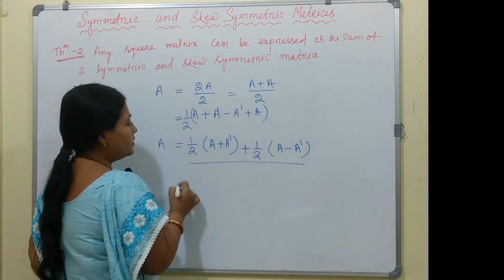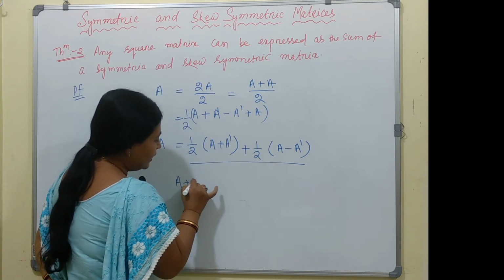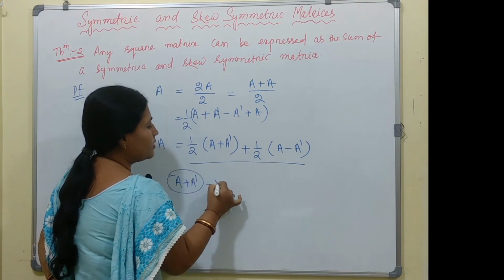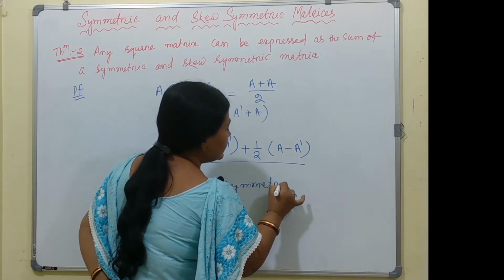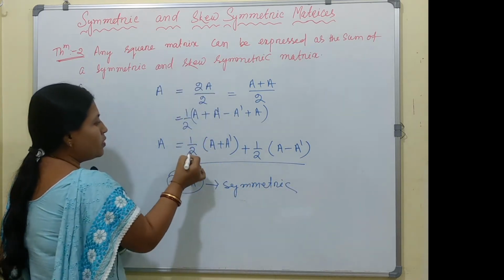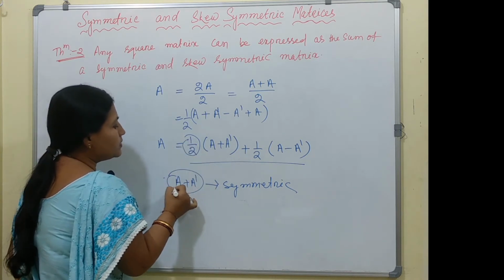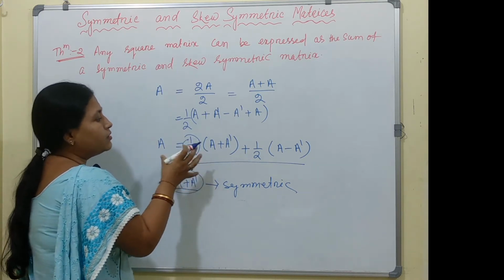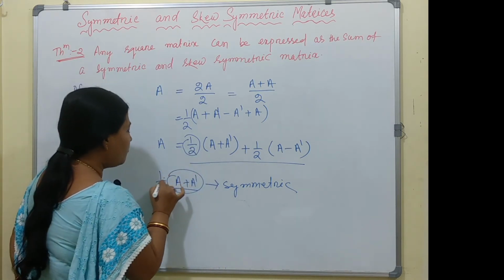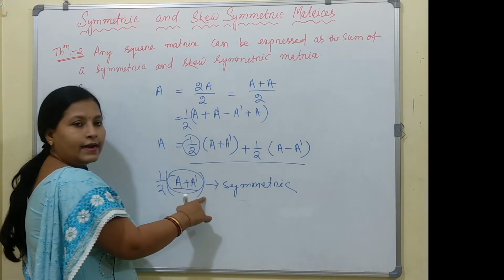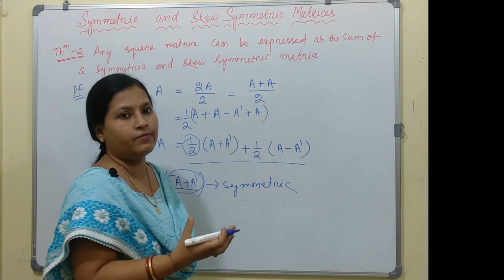We have already discussed A plus A dash is a symmetric matrix. So here we multiply half with this A plus A dash. That means this is a scalar multiplication of a matrix. So half whole into A plus A dash is also a symmetric matrix.